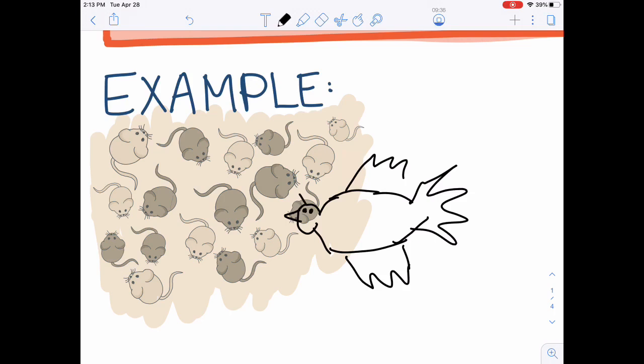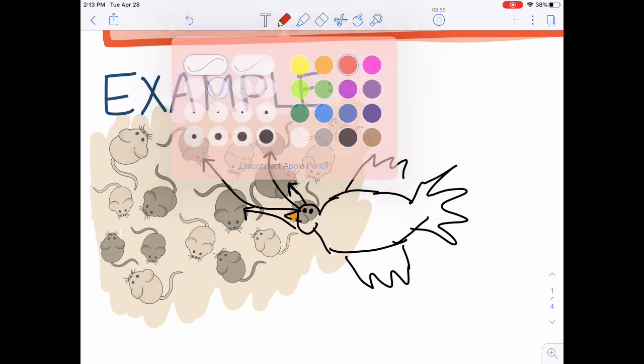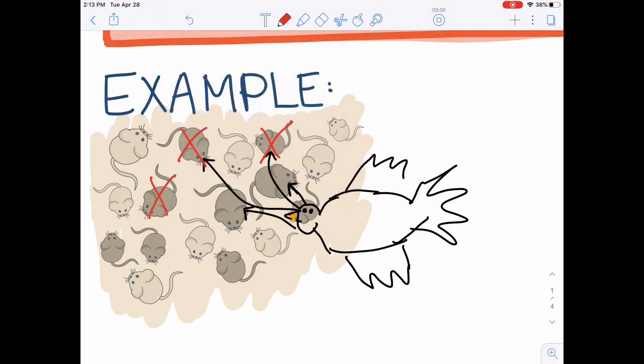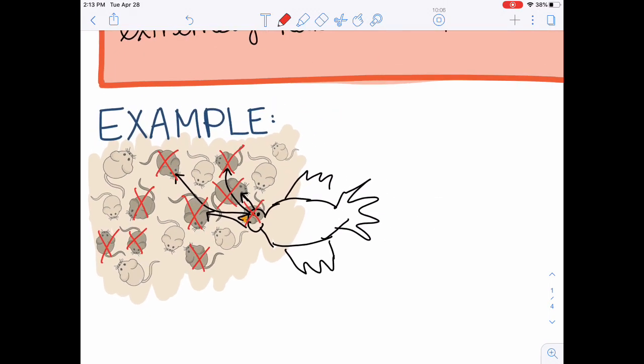Our hawk is going to be able to see the mice with the dark fur a lot easier than it can see the mice with the light fur. So therefore, the mice with the dark fur all get eaten. And if you are eaten, that means you are no longer able to reproduce, and therefore the dark fur alleles, the dark fur genes, do not get passed to offspring.